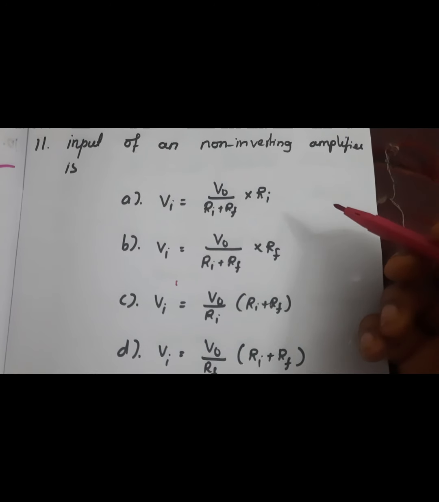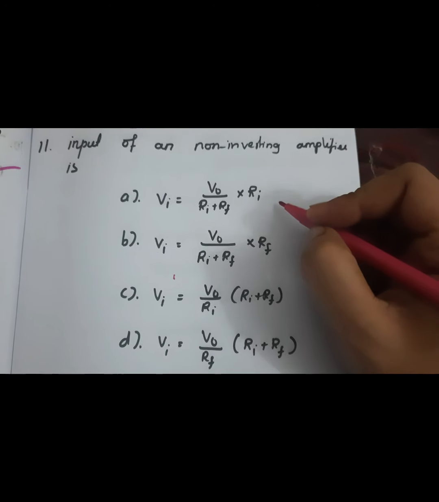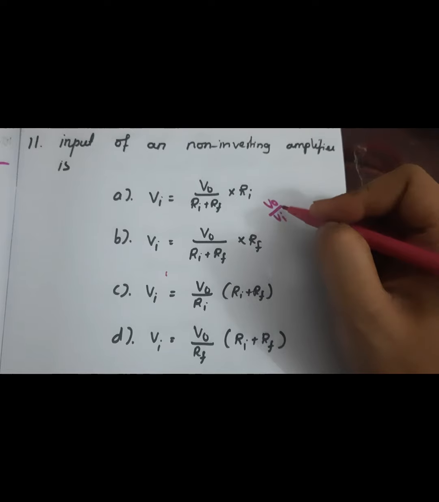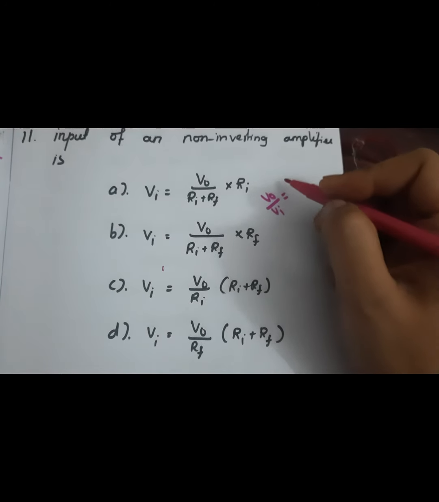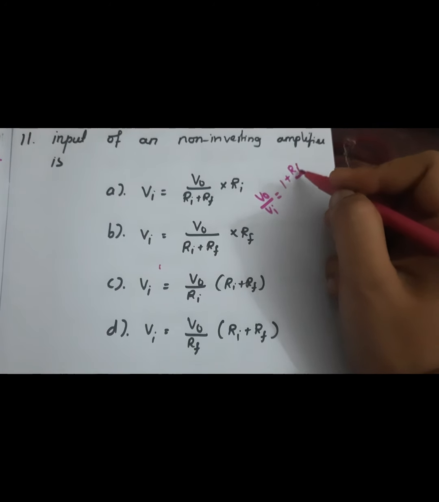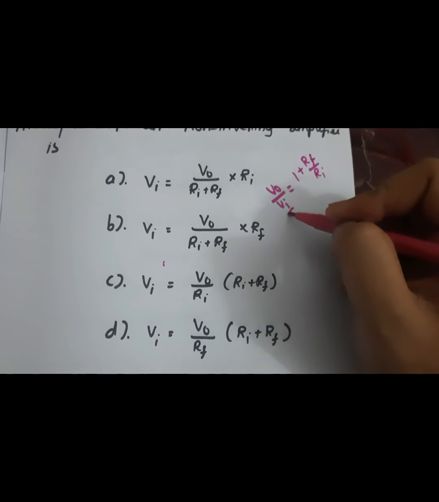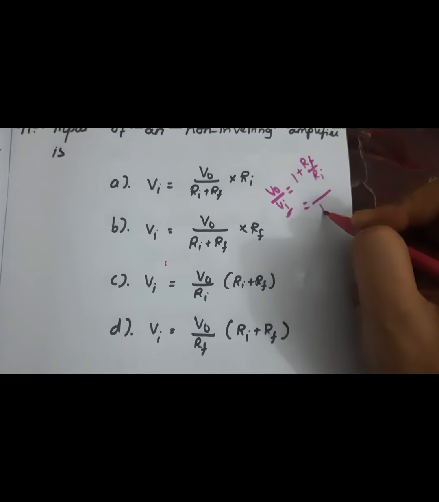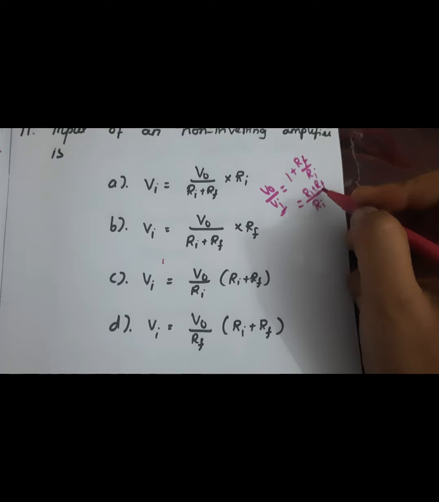11th question, the input of a non-inverting amplifier is. For a non-inverting amplifier, the division of output and input voltage is known as the gain of that amplifier, that is equal to 1 plus Rf divided by Ri. From that we can find the Vi value, the input voltage. Solving this, we will get Ri plus Rf.